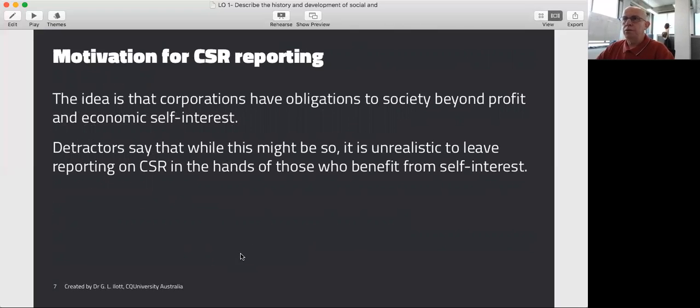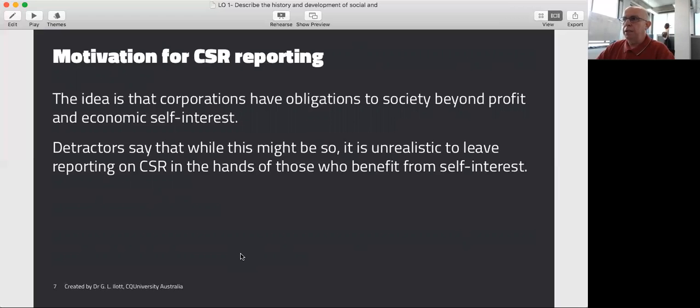The motivation for corporate social responsibility reporting grew out of the idea that corporations have obligations to society beyond profit and beyond economic self-interest. The economists might have something to say about that, and so might the accountants.